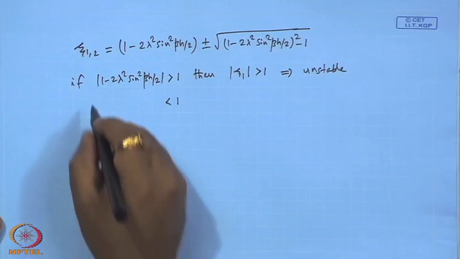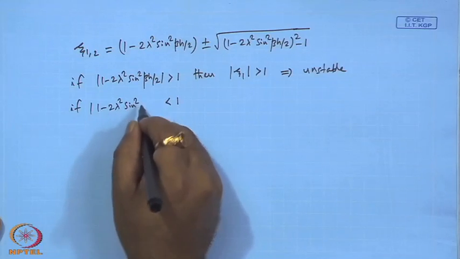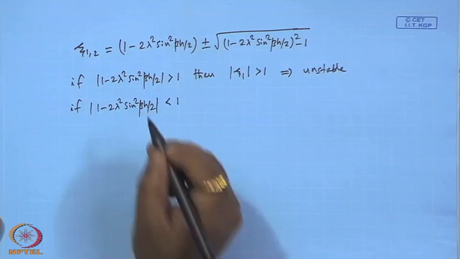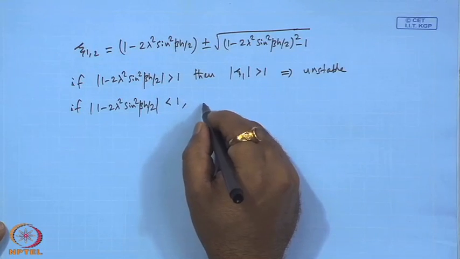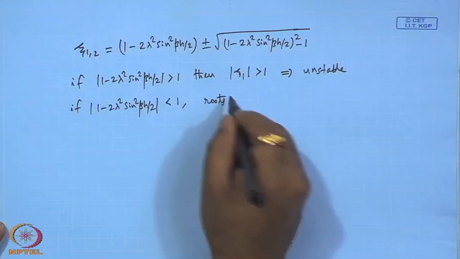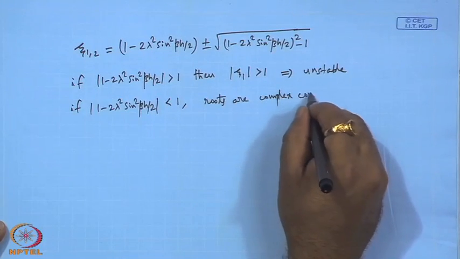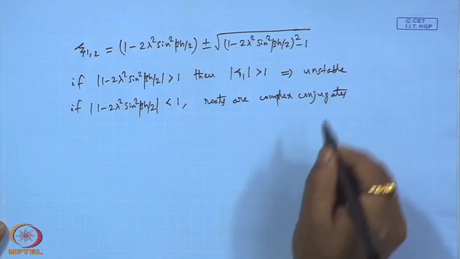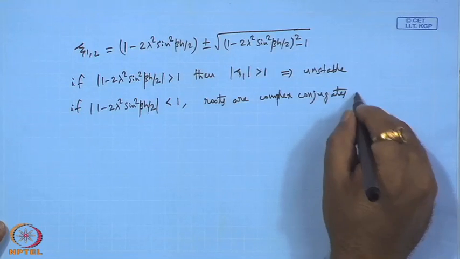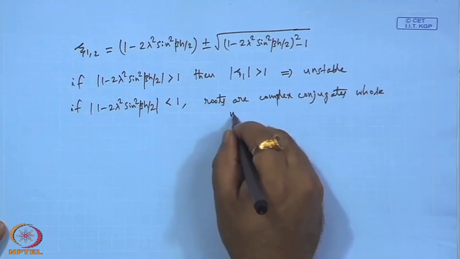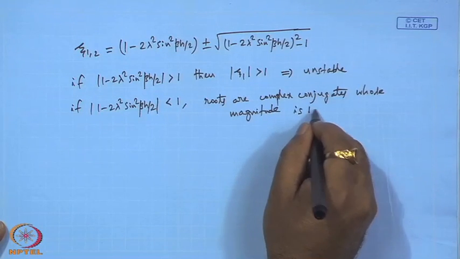Then if this is less than 1, so let us write if it is less than 1, then the roots are complex conjugates, a pair whose magnitude is 1.